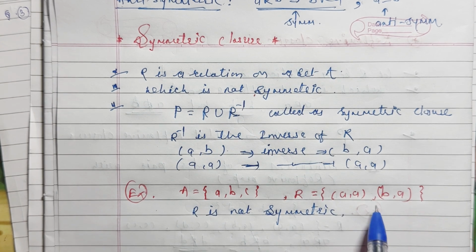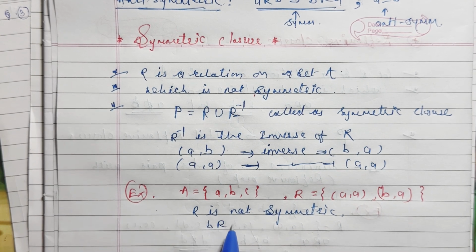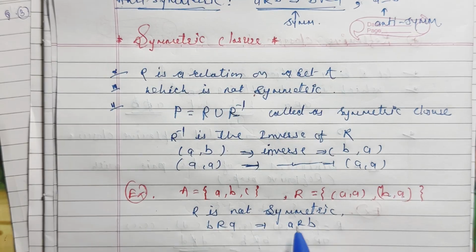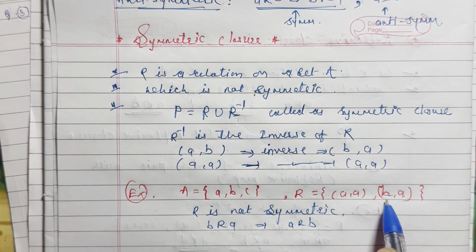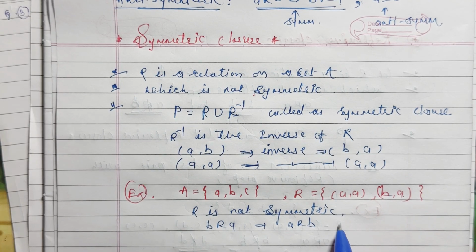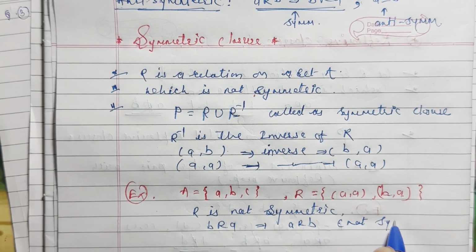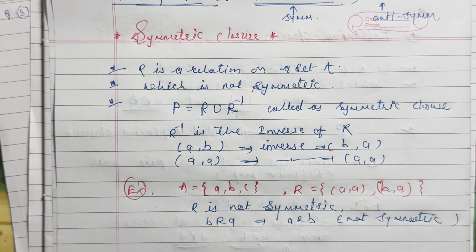Why is R not symmetric? Because A related to A is there, it doesn't matter. But B related to A is here, this implies we want A related to B also. But the ordered pair AB is not there. Where is the ordered pair AB? It is not present here. So our relation is not symmetric.